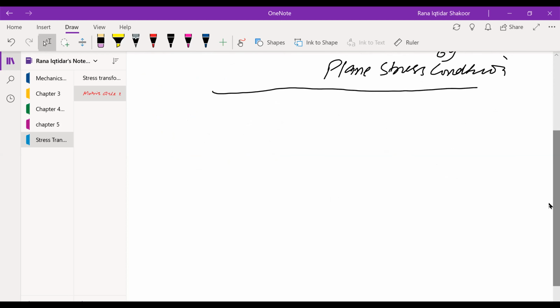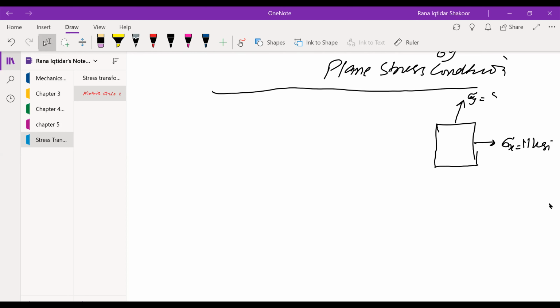Fine. So now we have a plane stress condition in which you have sigma x equals 11 ksi, sigma y equals 5 ksi, and tau xy is likewise this way and this way.